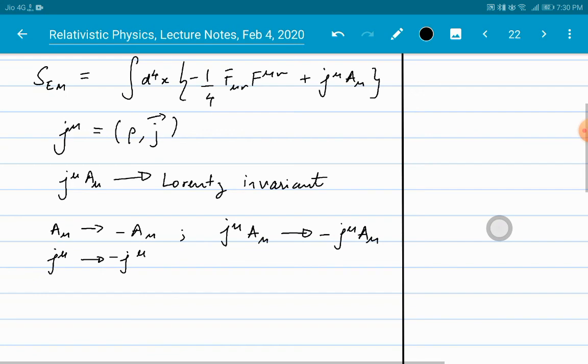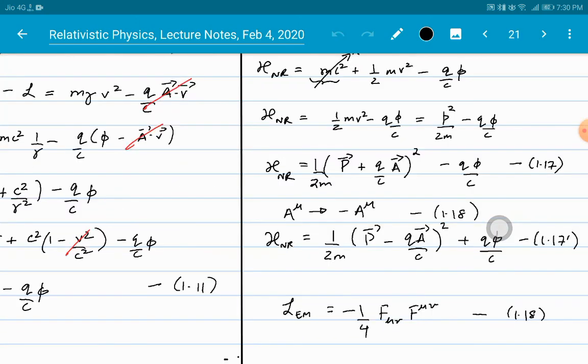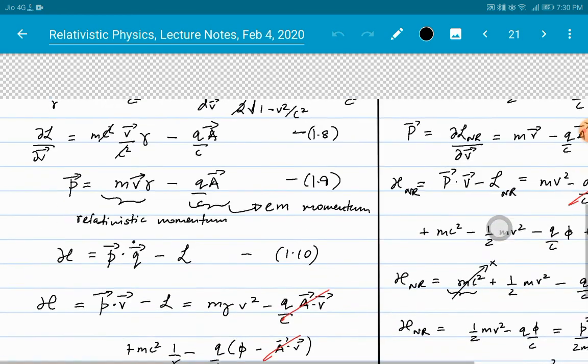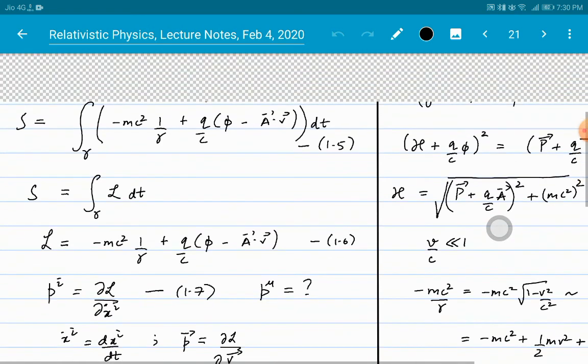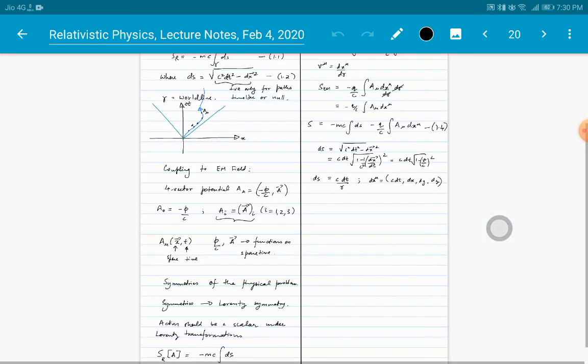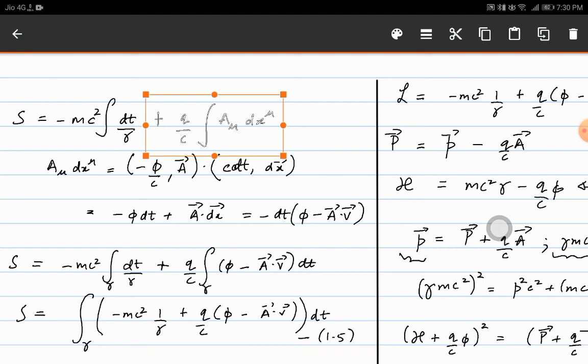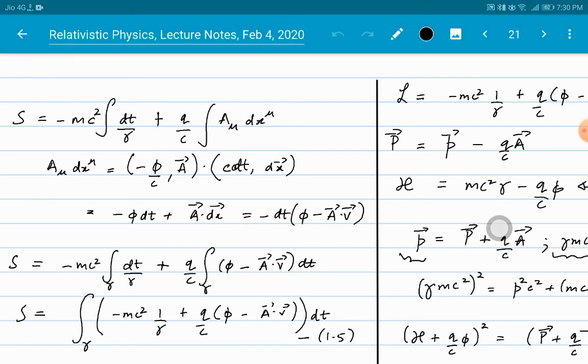So what does this mean? Well, this means that if you want to get the action with the right sign and everything, you have to start with the correct action. So that means here one has to put a plus sign at the very beginning.